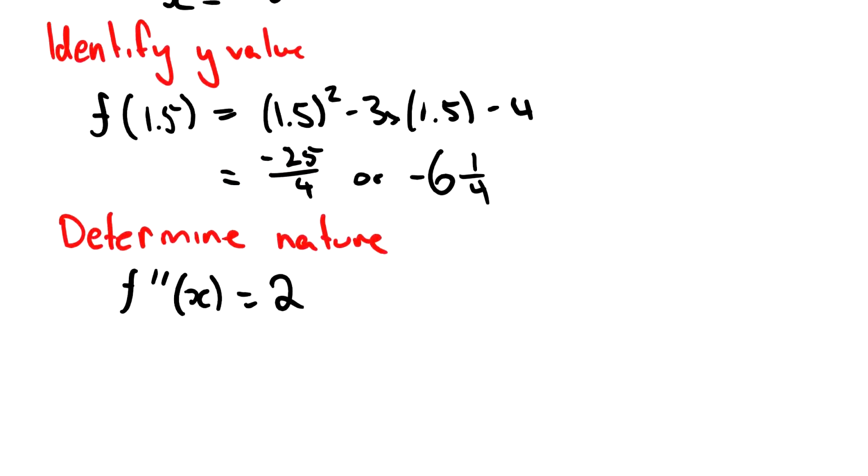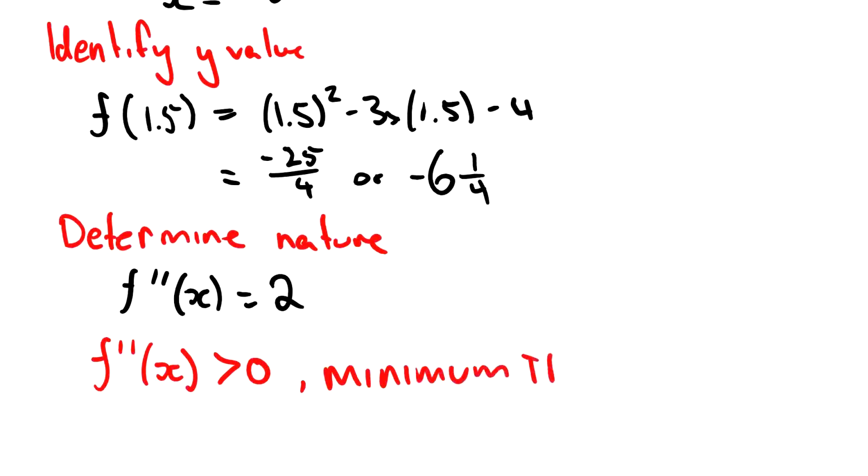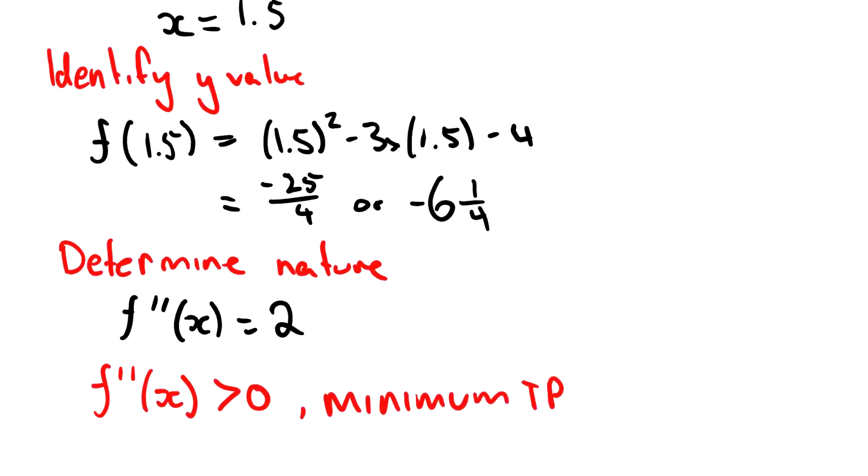Remember, if our second derivative is greater than 0, we have a minimum. So we know we have a coordinate at 1.5, negative 6 1/4, and we know it's a minimum turning point.